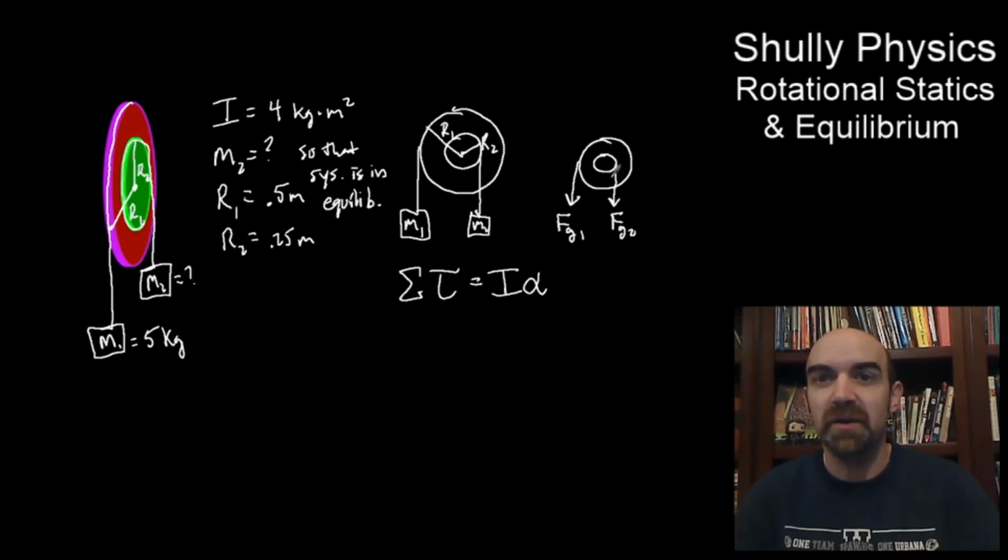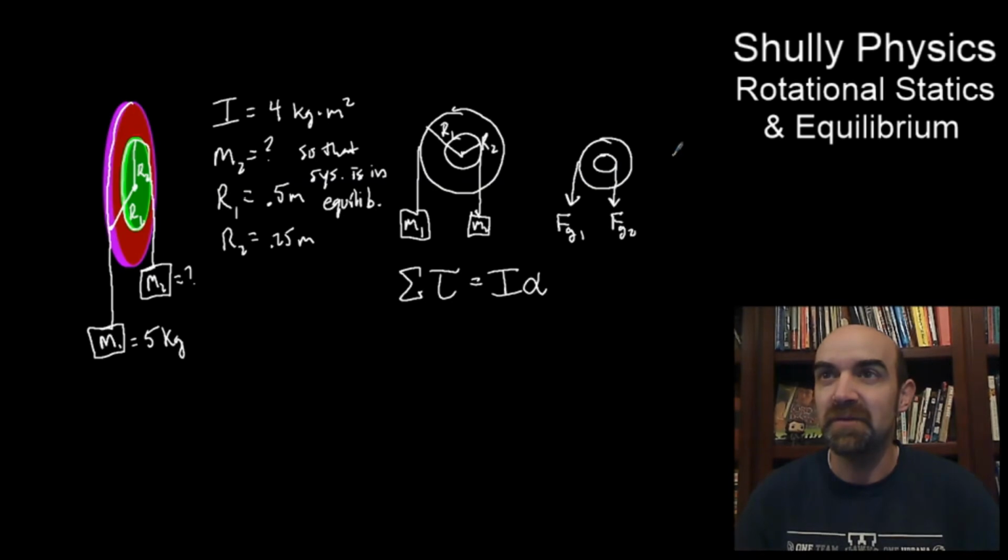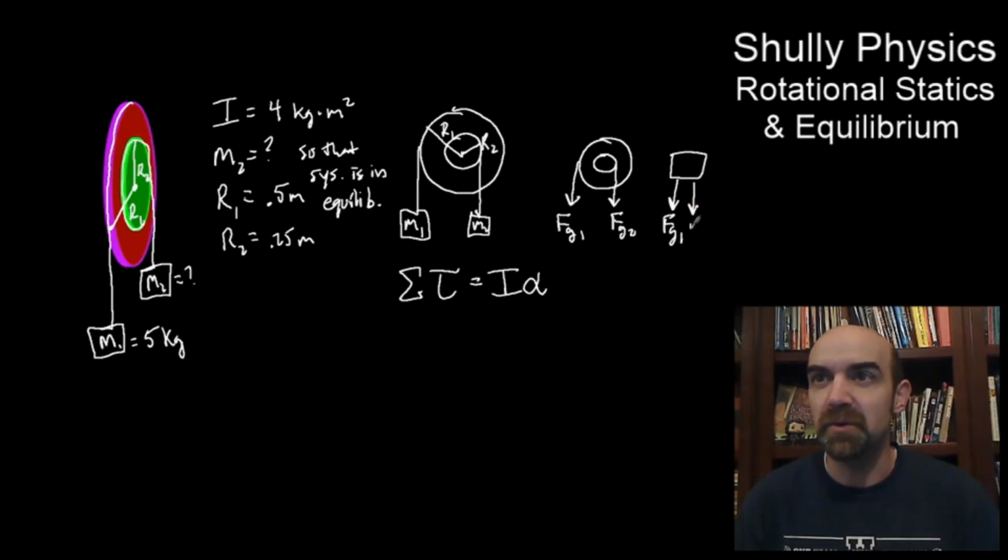Notice on this diagram I'm giving some positions to these forces. I'm not saying this is just two downward forces. If this were a translational force diagram, we would have FG1 and FG2 both going down, and where these forces are originating would be arbitrary. This would just indicate that, whoa, this thing's going to fall down.